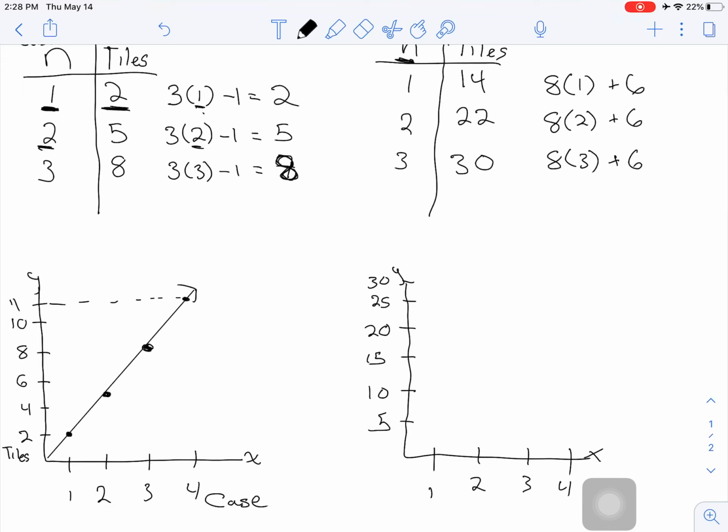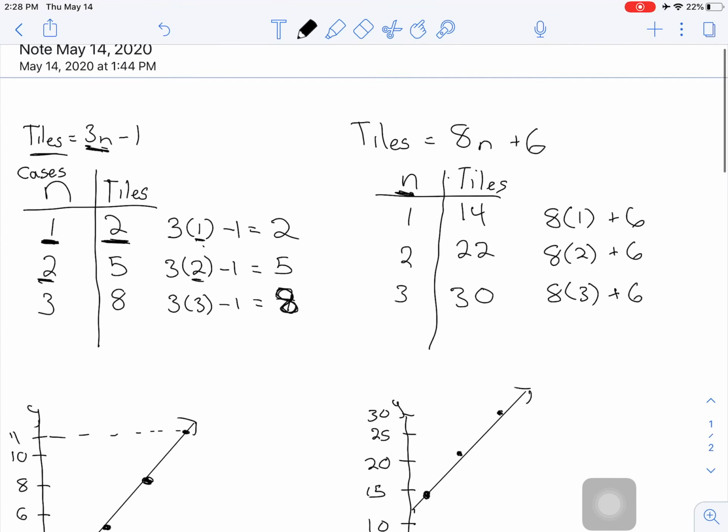This won't be perfectly uniform because I didn't use a ruler, but case 1 is 14, so that's going to be right there. Case 2 is 22, so that's going to be there. And case 3 is 30, so that's going to be right there. And as we see, this forms a straight line going through all of them, like so.